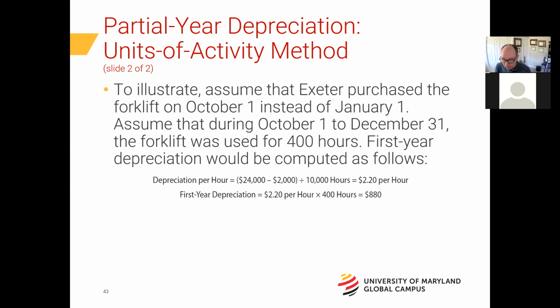We used it for a total of 400 hours for those 3 months. Man, we were busy, huh? Initial cost minus the salvage value divided by 10,000 hours, $2.20 per hour, which we knew, times number of hours used. So first year, 880. Makes sense.